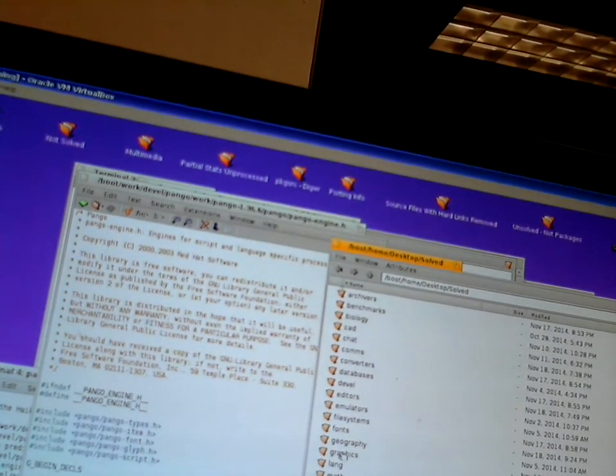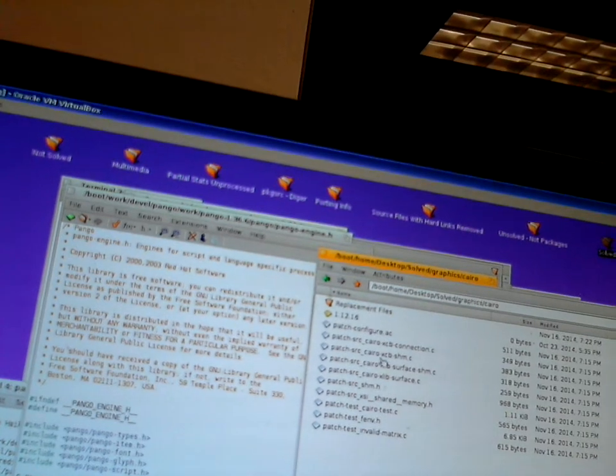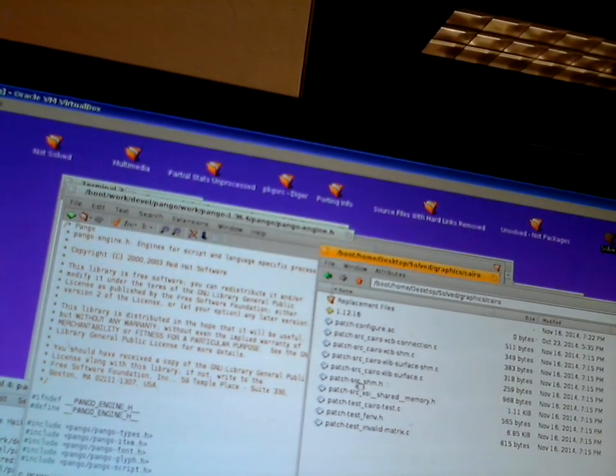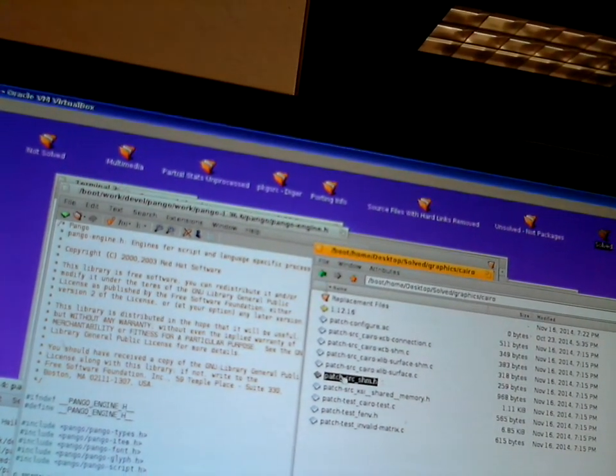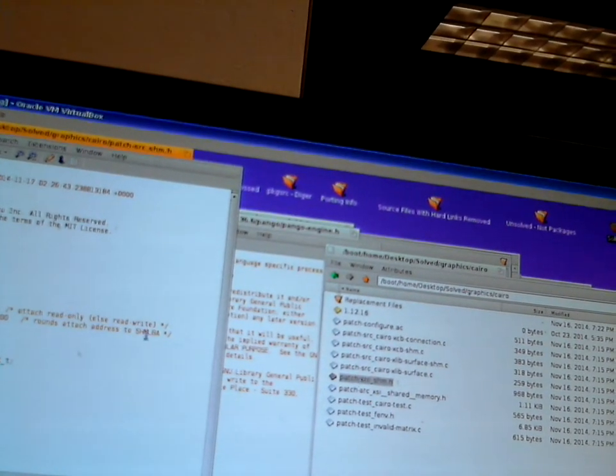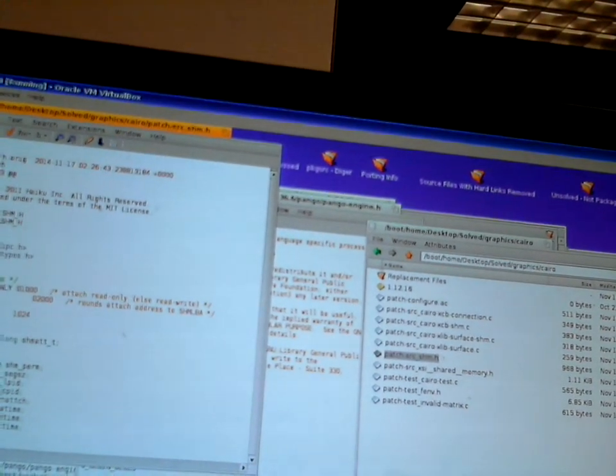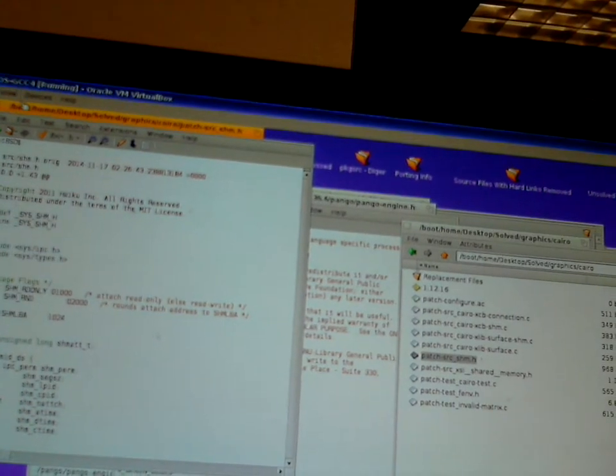Where is that? So this right here is actually the patch, which is really actually just a file.